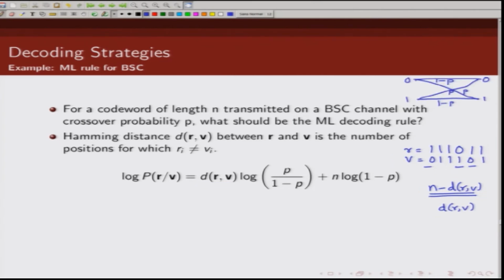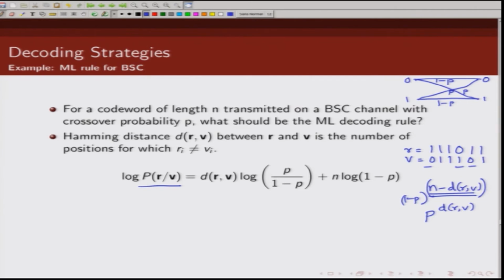So, what is the probability that d bits got flipped? That is given by p raised to the power d(R,V), and the probability that n minus d bits were received correctly is given by 1 minus p raised to the power n minus d. So, we can write the probability of R given V as p to the power d times 1 minus p to the power n minus d.